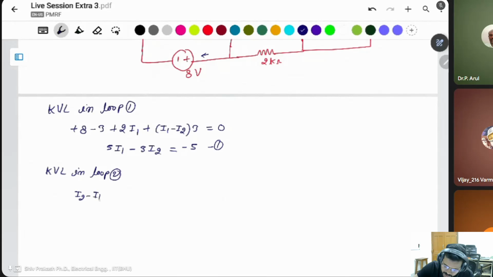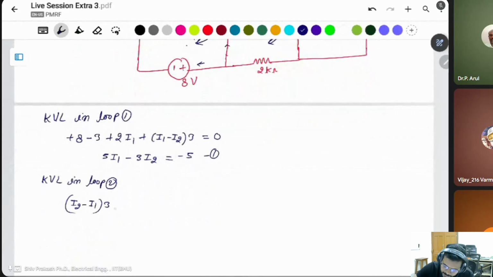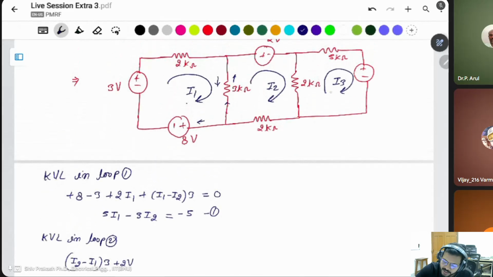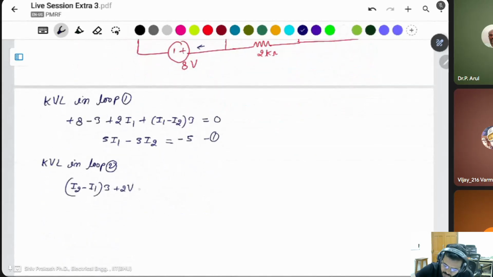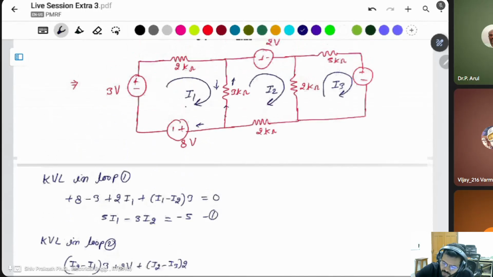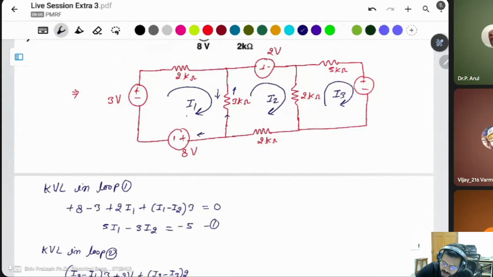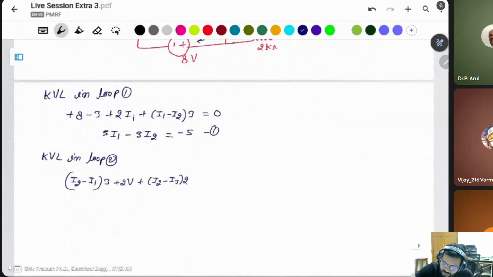(I2 minus I1) into 3 plus 2V, then here (I2 minus I3) into 2, and this one is 2I2, plus 2I2 is equal to 0.